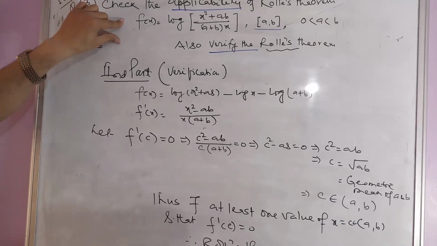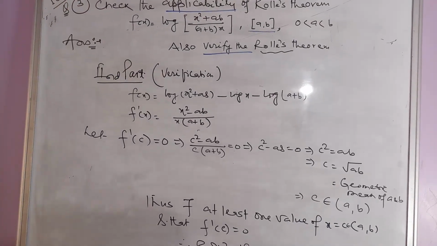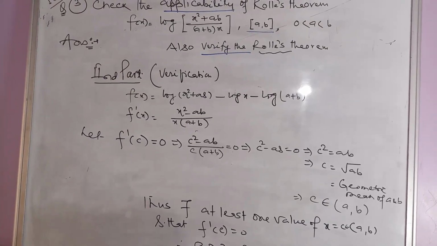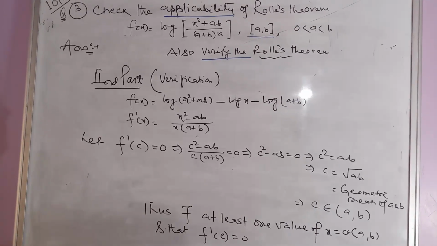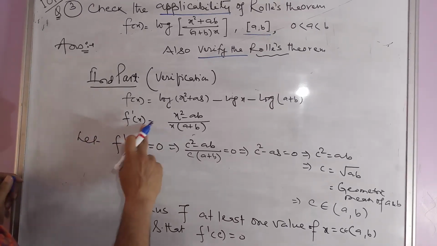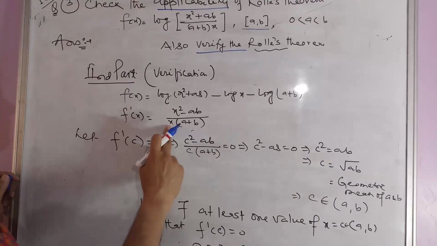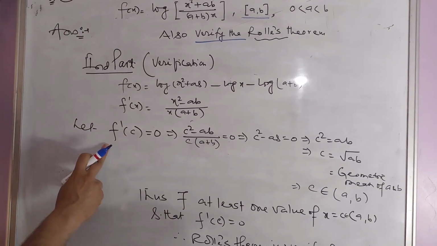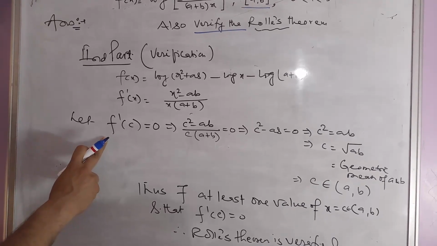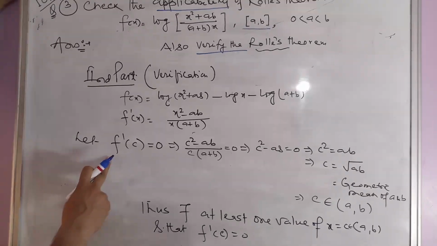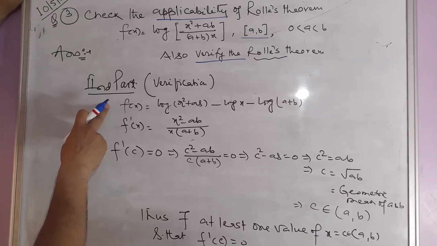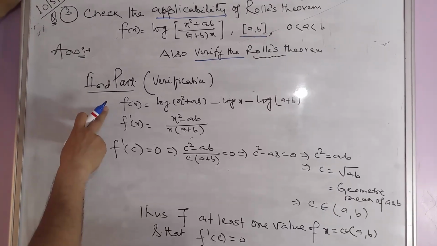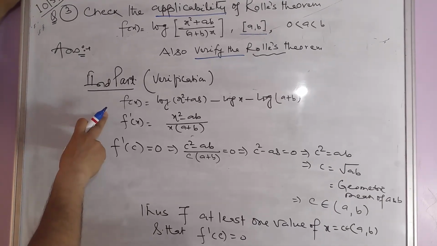Here the second part of the question is verification. Verify Rolle's theorem. Here f dash x is x square minus ab upon x into (a plus b). We have the statement of Rolle's theorem: continuous in the closed interval [a, b], differentiable in the open interval (a, b), f(a) equal to f(b).